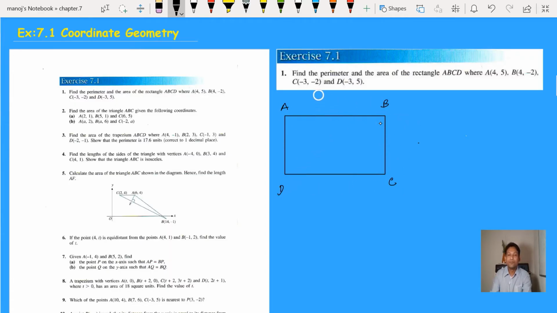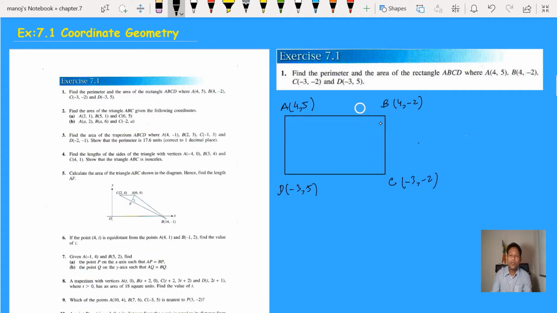We cannot jump. A is 4, 5. B is 4 and minus 2. C is minus 3 and minus 2. And D is minus 3 and 5.